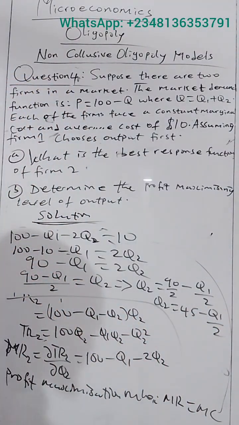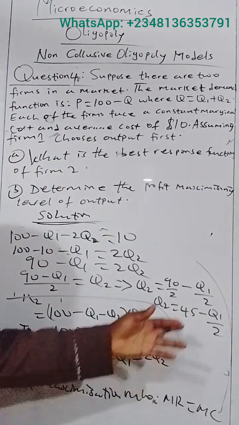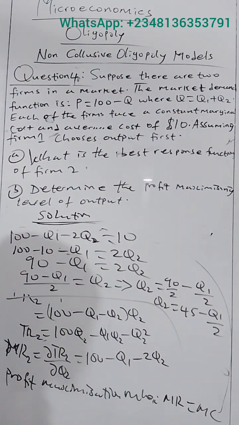This is the reaction function of firm 2, which is the follower in this market.